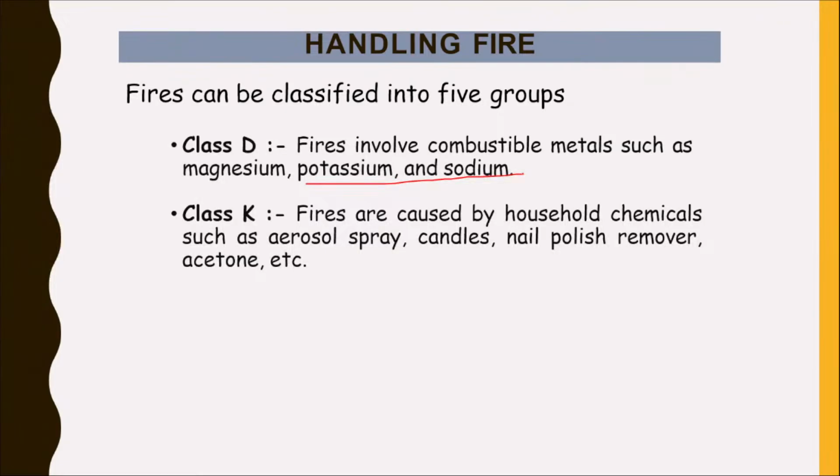If you put some sodium into water, that may cause combustion. Then class K fires are caused by household chemicals such as aerosol spray, candles, nail polish remover, acetone. Household chemicals, so that is class K.